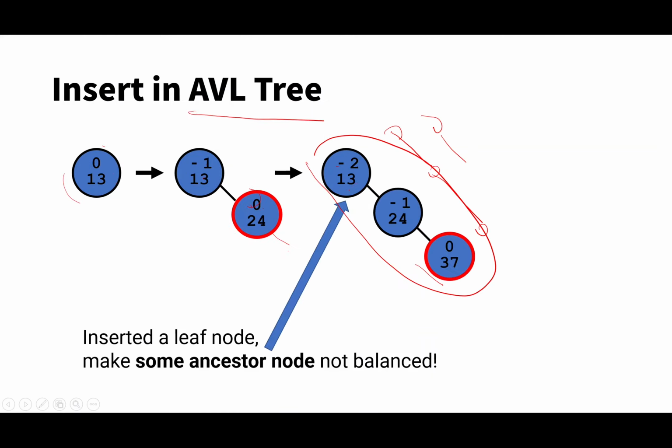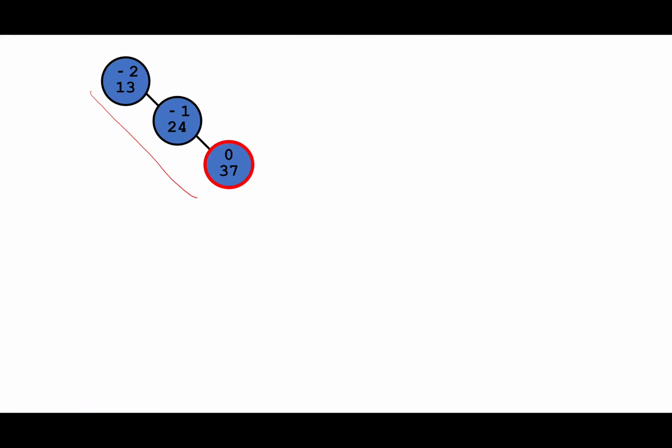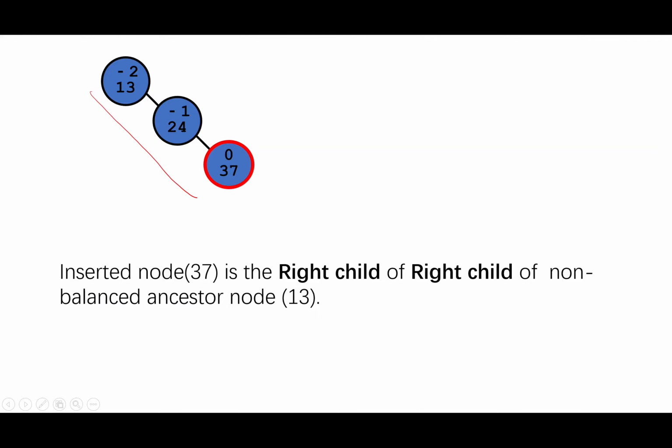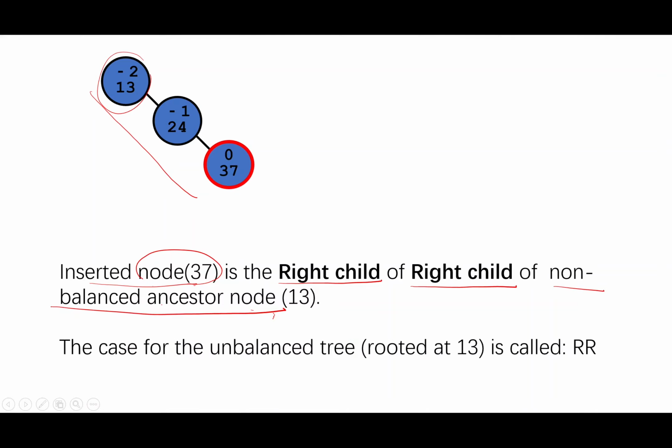This is like this shape. We insert the element. This is called a minimum unbalanced tree. The inserted node is the right child of the right child of the unbalanced ancestor node.